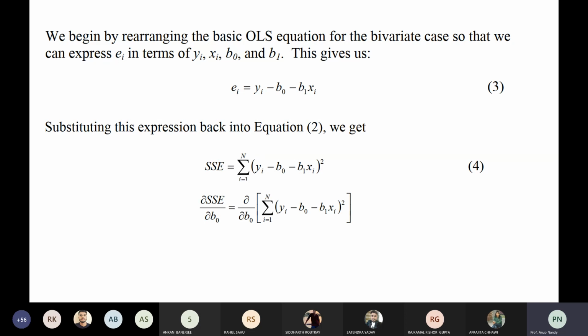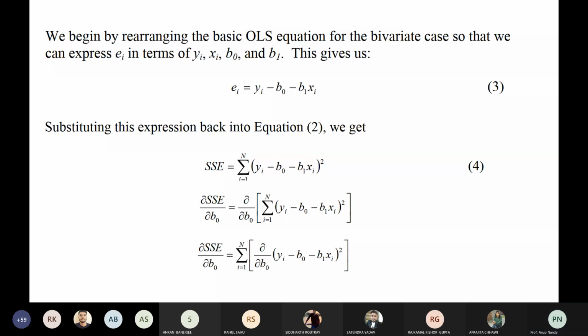Now del SSE by del B0 is equal to del by del B0 of the sum from i equal to 1 to n of yi minus B0 minus B1 xi, squared. Now we are going to move this summation operator out front, since the derivative of a sum is equal to the sum of derivatives.